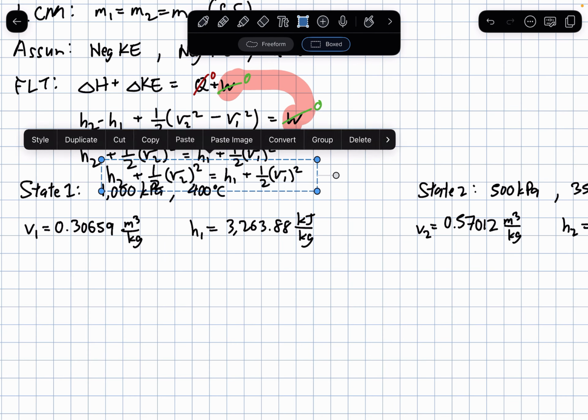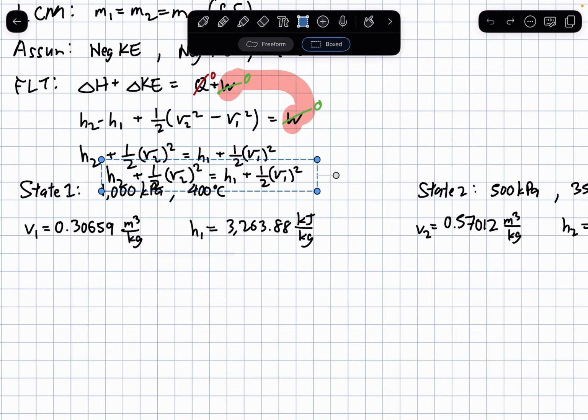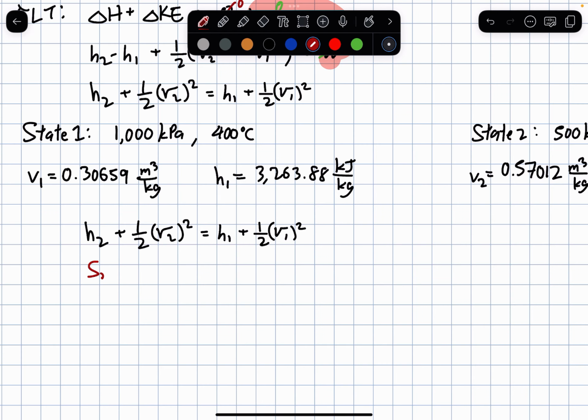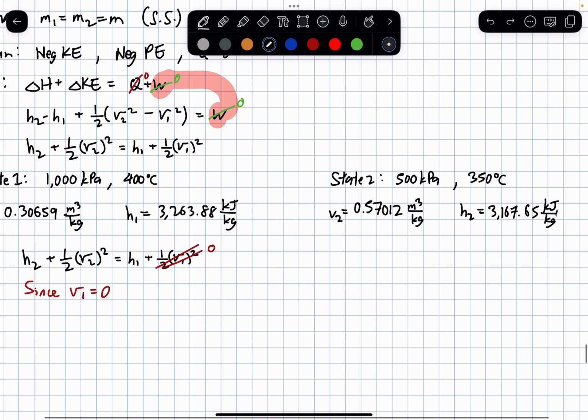Let's bring the FLT below. Since V sub 1 is 0, let's find V sub 2. H sub 2, we already found it.